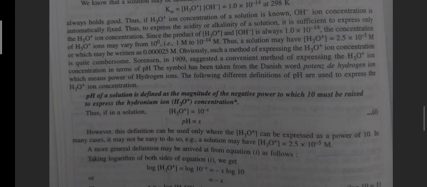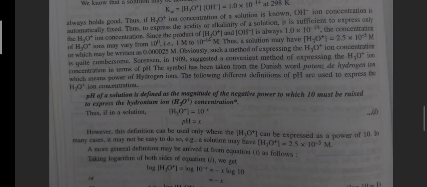Sorensen in 1909 suggested a convenient method of expressing the H3O positive ion concentration in terms of pH. The symbol has been taken from the Danish word potens hydrogen ion, which means power of hydrogen ions.